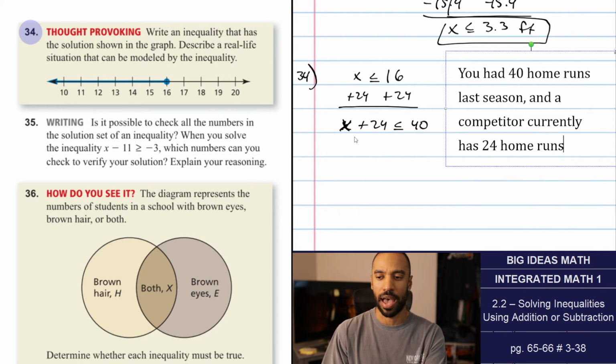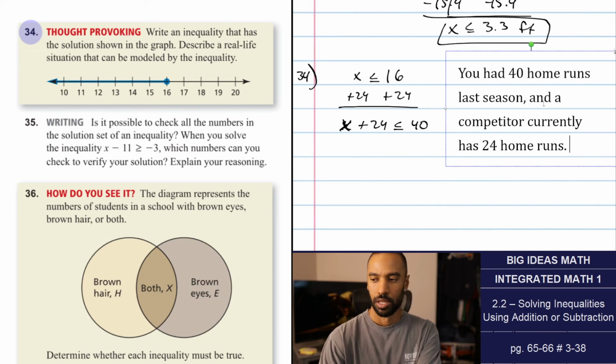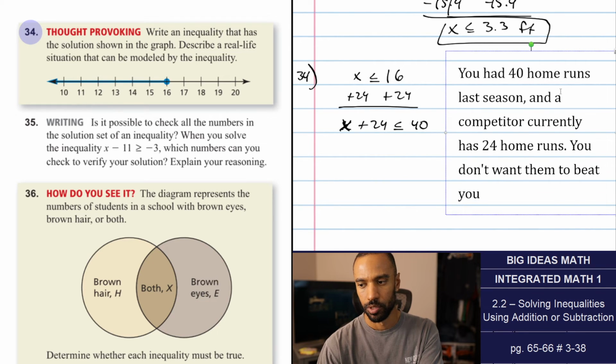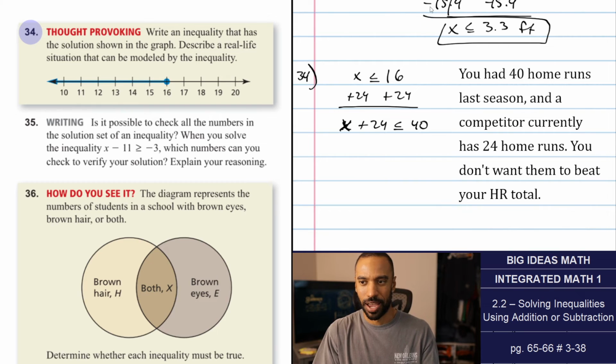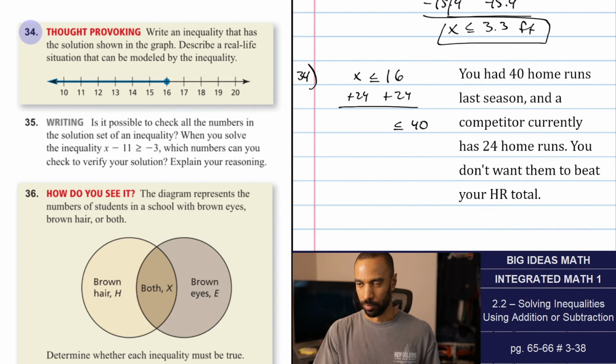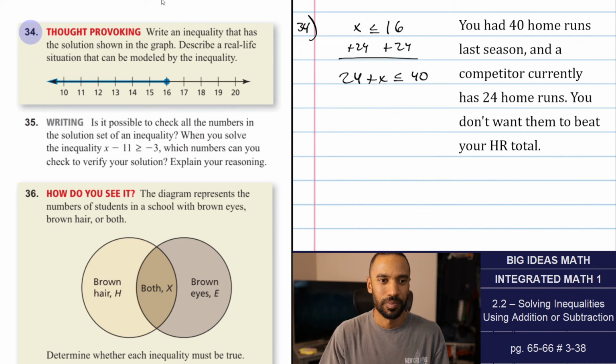Okay, I kind of wrote this backwards. I should write 24 plus x, but that's okay. You don't want them to beat your home run total. Kind of like that, right? Let's swap the 24 and the x so it sounds more like they started with the 24 and they add x amounts. You're fine with them tying you. You don't want them beating you. That's the idea.